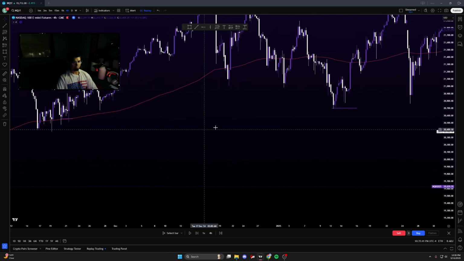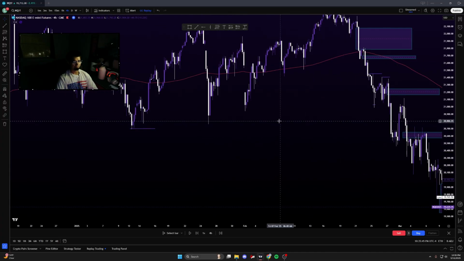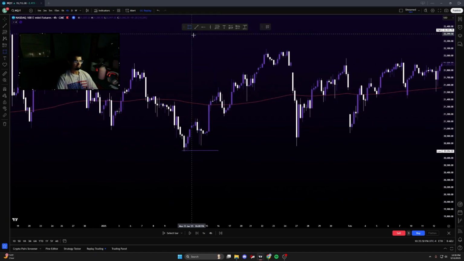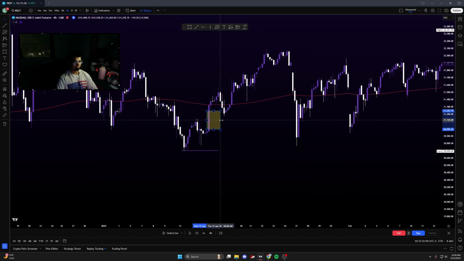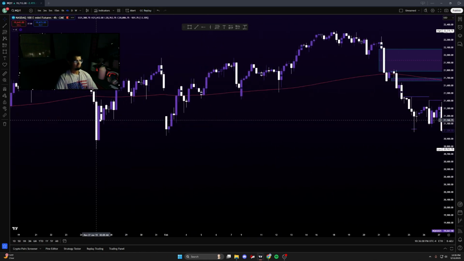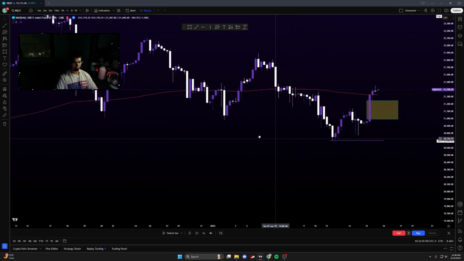Like for example, let's go to this one right here, right? We have a big bullish fair value gap form on Wednesday, right? And then the next day on Thursday, let's cut back to this on Thursday, right?